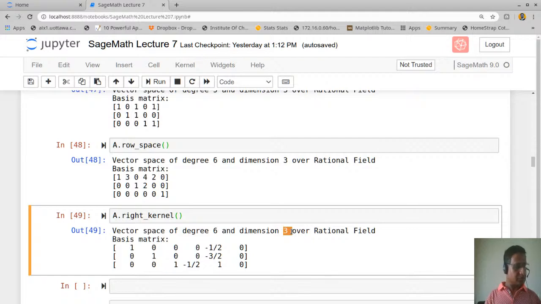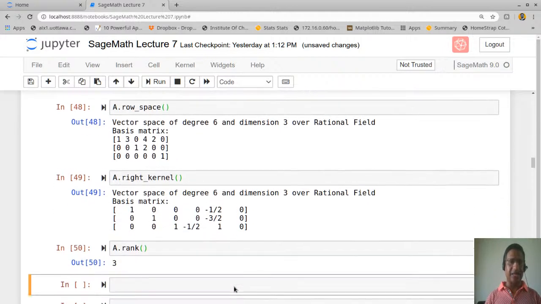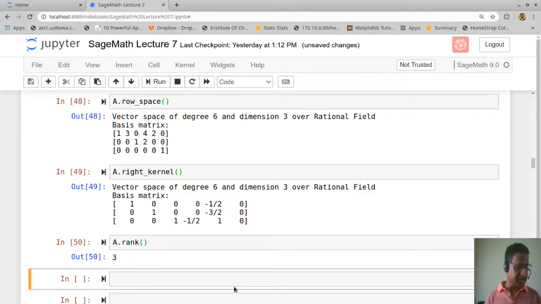You can also find the rank of this matrix. A dot rank is 3, that is the dimension of the image space. But in case you have to find the column space, how will you do it?